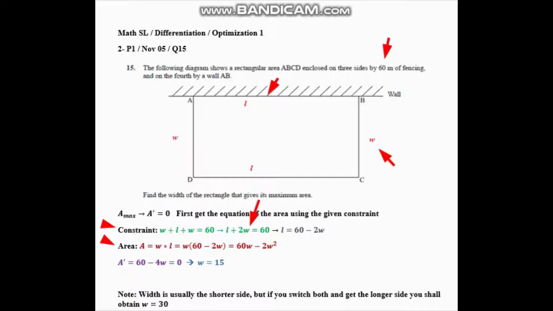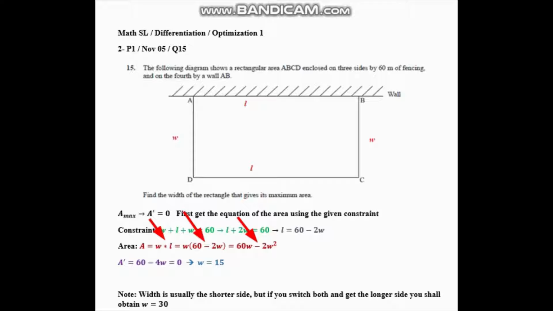L plus 2W equals 60, hence L equals 60 minus 2W. So since L equals 60 minus 2W, we can rewrite the area in terms of W only. So W times L becomes W times 60 minus 2W, which gives us 60W minus 2W squared.